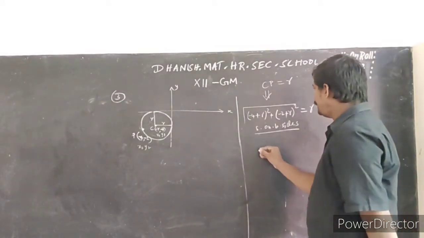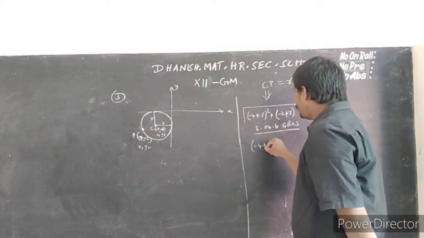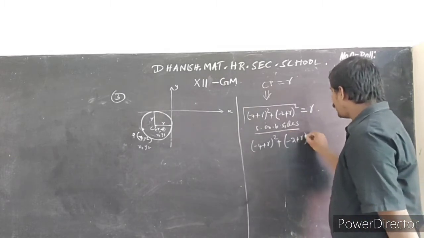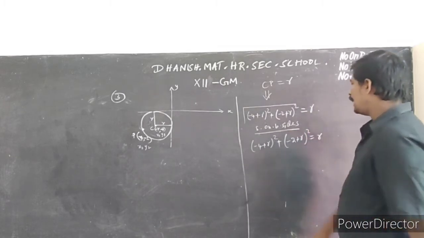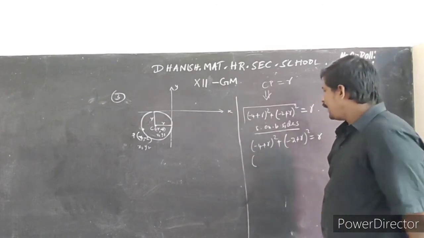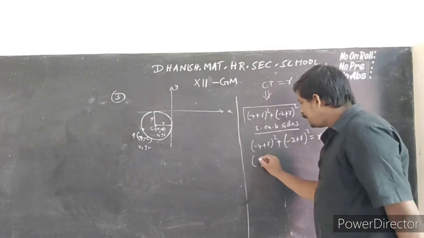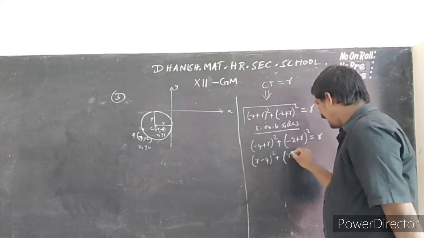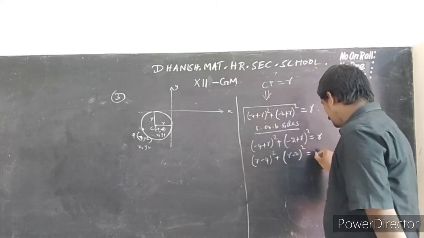So what will happen? (-4 plus r) whole square plus (-2 plus r) whole square equals r square. Now this can be interchanged: (r minus 4) whole square plus (r minus 2) whole square equals r square.